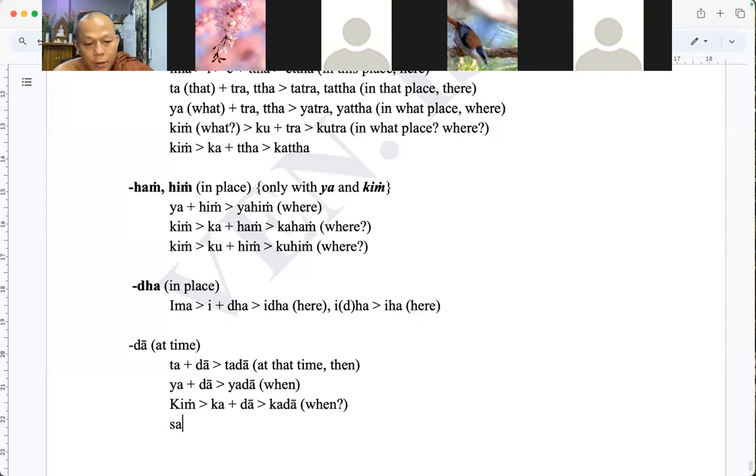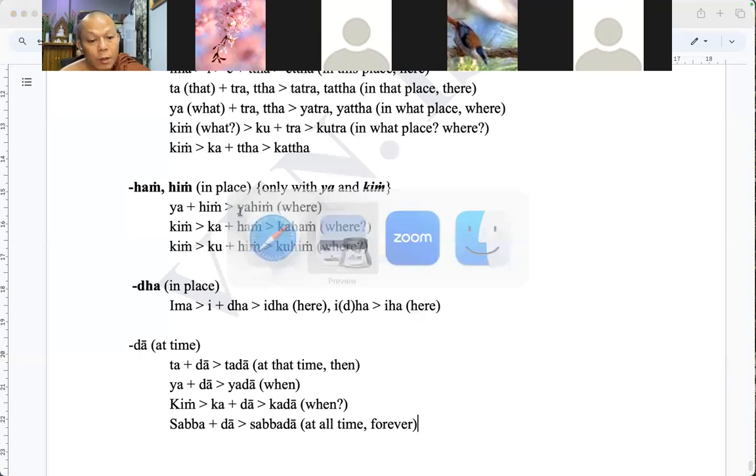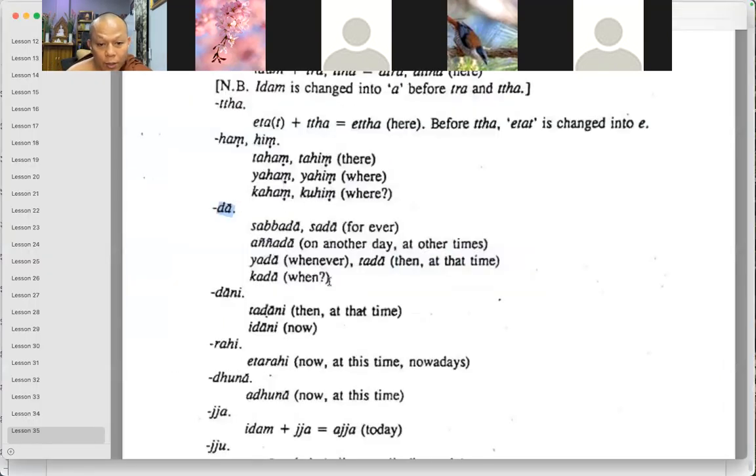And then saba, saba means all, and the da. So sabada literally means at all time. That means forever, all the time, at all time. So in this way, okay.